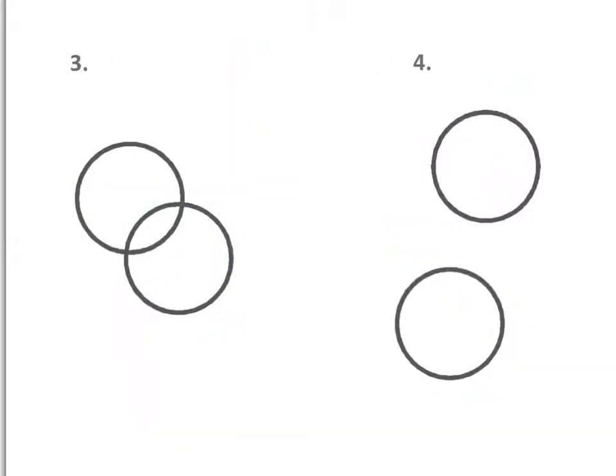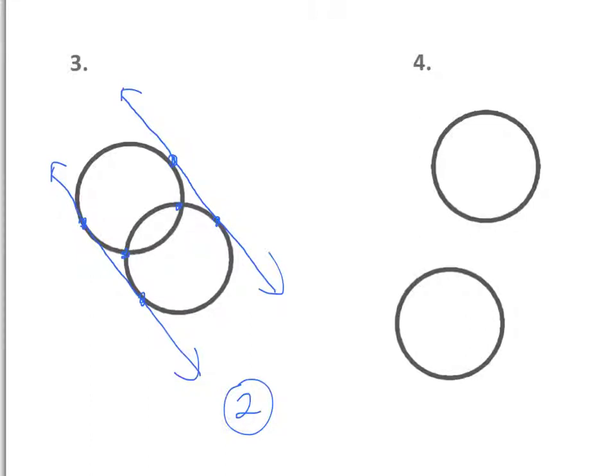Third example is 2 circles that touch and intersect at 2 different points. My tangent lines that I can draw, there's only 2. Again, these are supposed to be straight and they're supposed to touch a circle. So imagine that they do. There's only two lines I can draw that are tangent to those 2 circles.